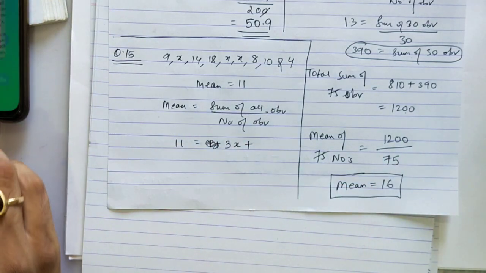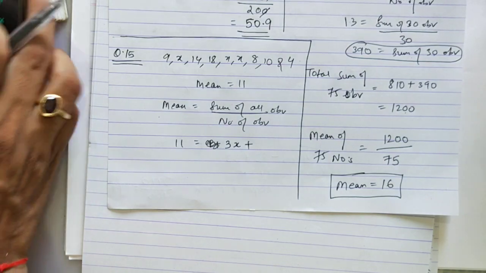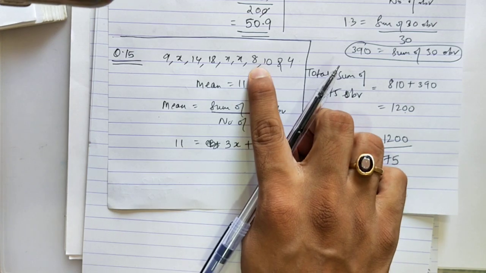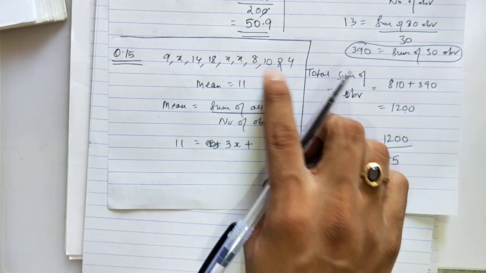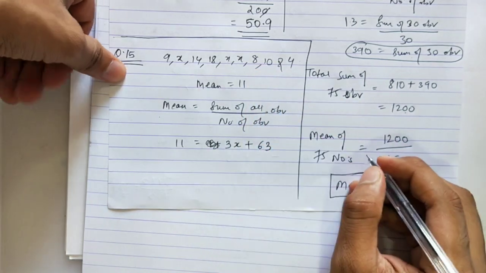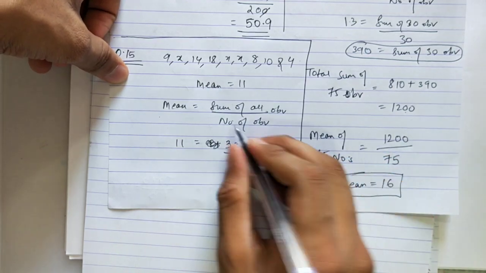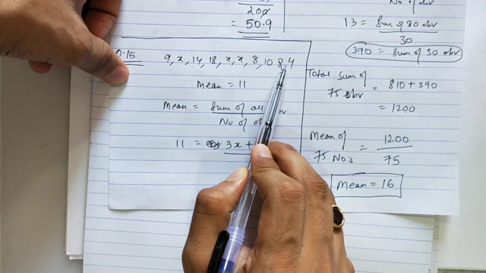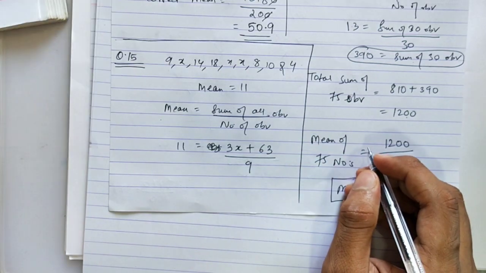And 9 plus 14 plus 18 plus 8 plus 10 plus 4, I'm getting the answer as 63, upon number of observations. Let's count: 1, 2, 3, 4, 5, 6, 7, 8, 9. There are 9 observations. So 9.